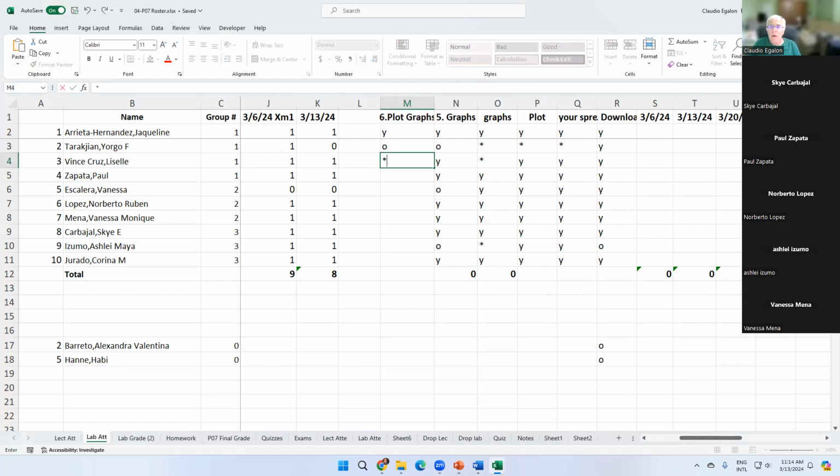I'll put a star here. Paul, did you manage to plot the graphs? Yes, okay, good. And the next thing that you have to do is fill up tables.